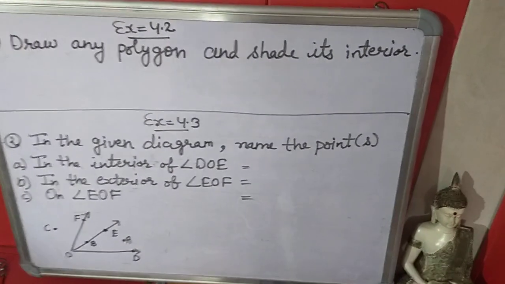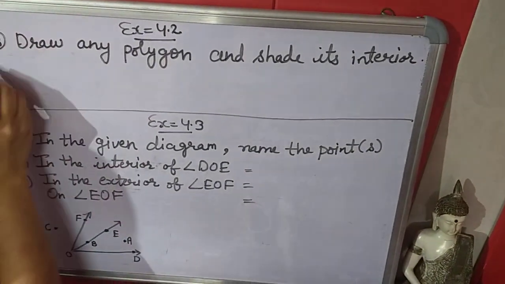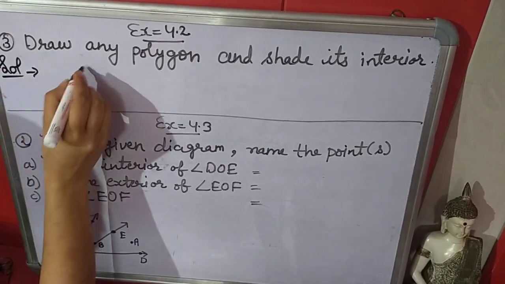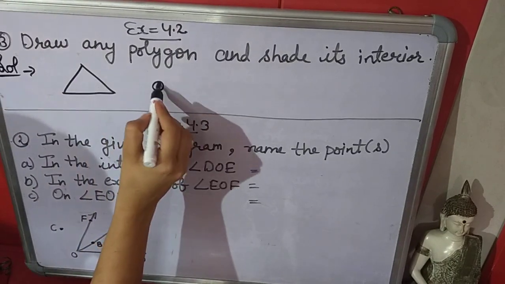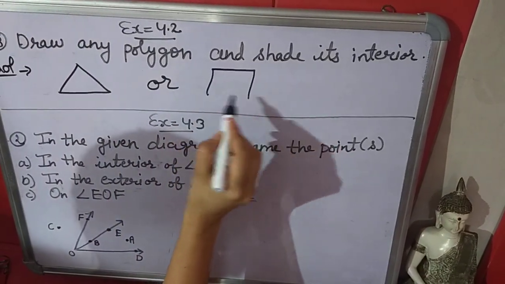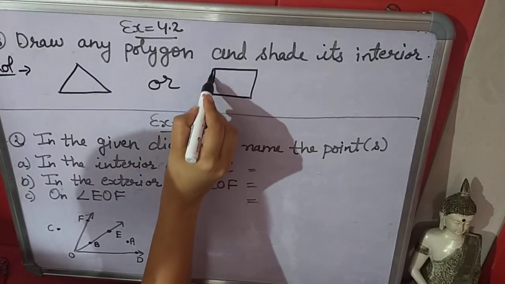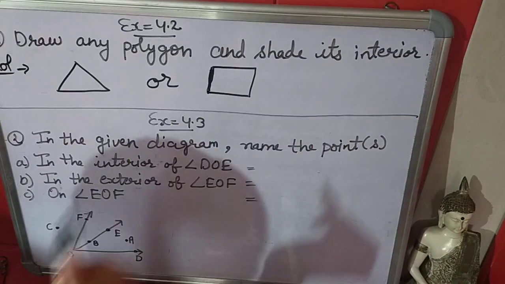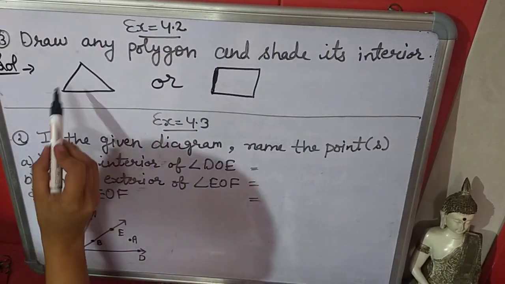So you can draw a triangle also. A triangle is also a polygon. Or you can draw any figure made up of straight line segments, not curved. And it says shade its interior.